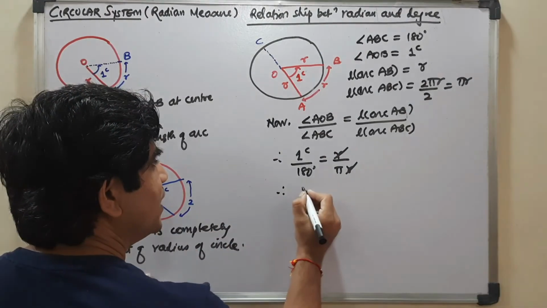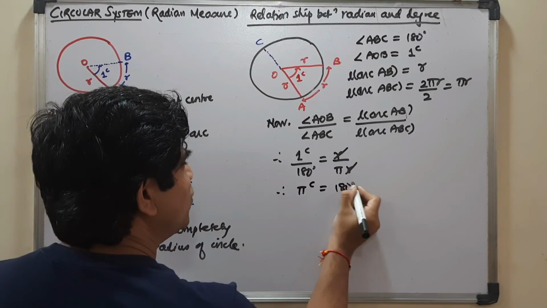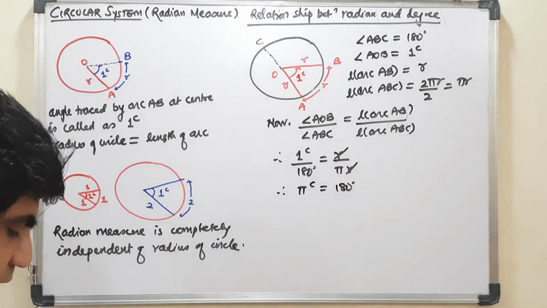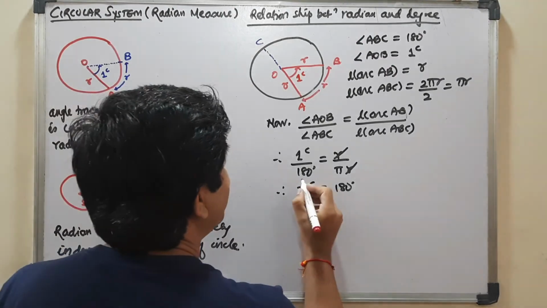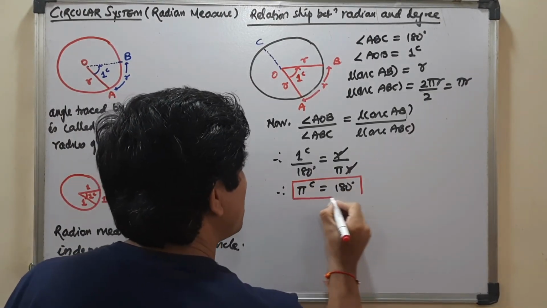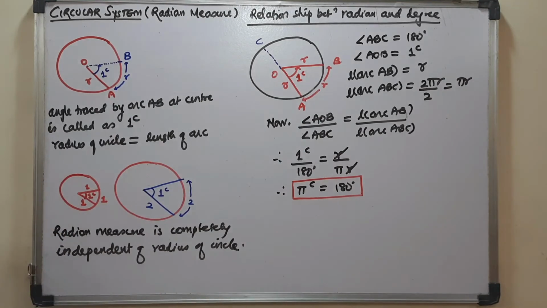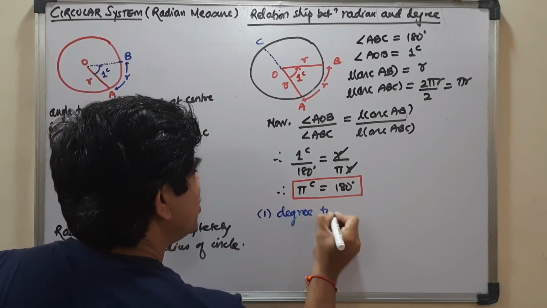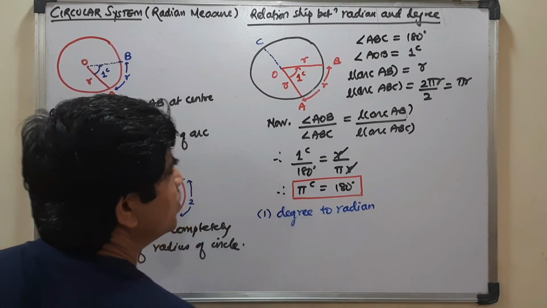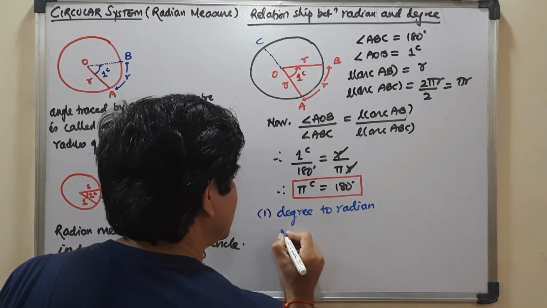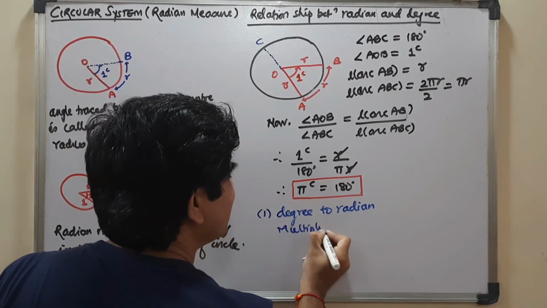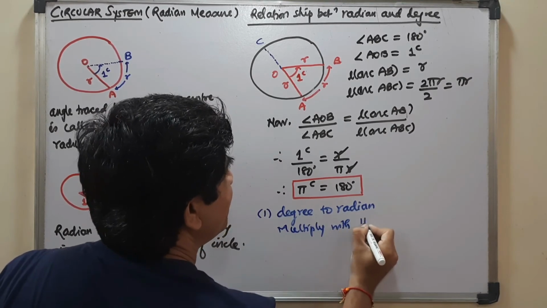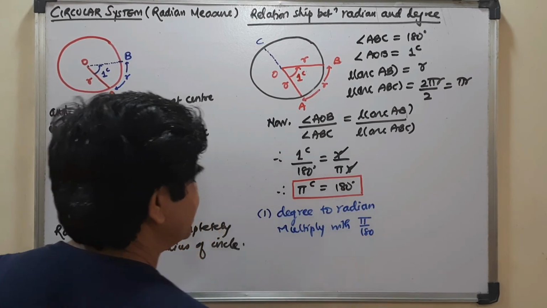दूसरा आपको मिला क्या कि pi radian is equal to 180 degree. If it is pi radian, then pi radian is equal to your 180 degree. ओके, तो इसका मतलब है कि जब आपको कन्वर्ट करना पड़ेगा, दैट इज, पहला देखो, degree to radian convert if you want to do, then multiply it with pi by 180.